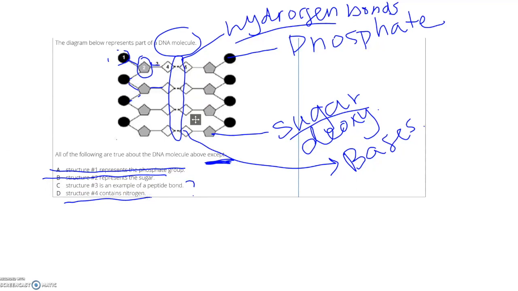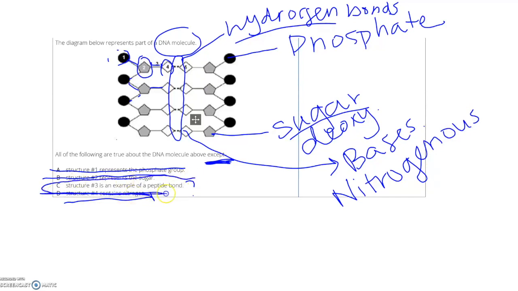And number 4, these bases contain nitrogen. Now remember, the other name for bases is nitrogenous bases, because they do contain nitrogen. So that works, so let's cross it out. So our answer then, peptide bonds. There are no things called peptide bonds in DNA structure, so that would be our except.